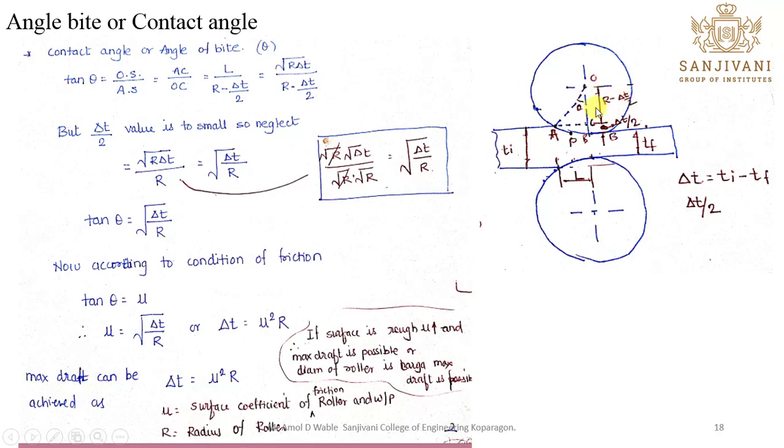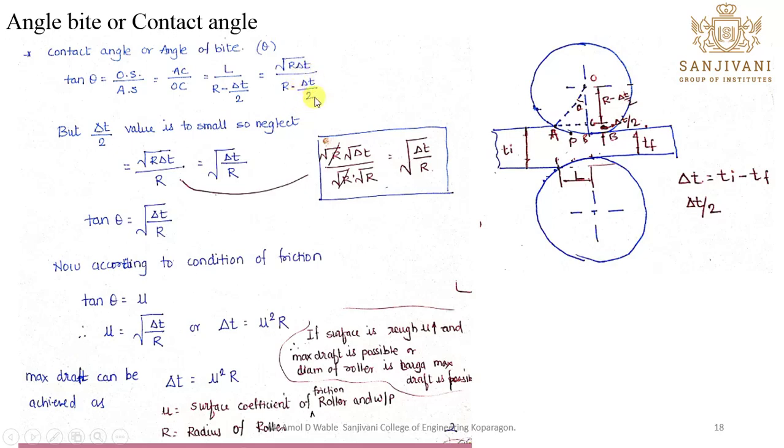This concept we have even seen in the previous slide. So you can write under root R delta T divided by R minus delta T by 2. This is nothing but L, the value we found in the previous case. Again, the value of delta T by 2 is too small, so you can neglect it.